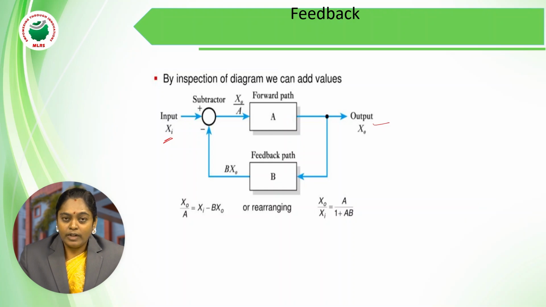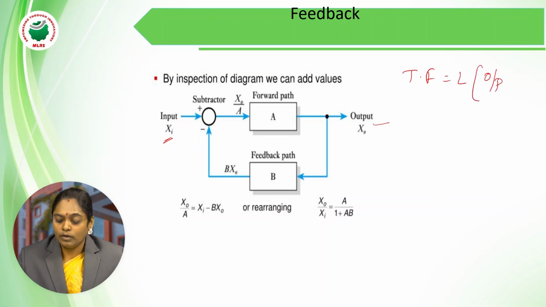Here, for everything, we first need to derive a function called the transfer function. So before going for that, let me tell you what is meant by a transfer function. A transfer function is the ratio of the Laplace transform of the output to the Laplace transform of the input, assuming the initial conditions are 0.